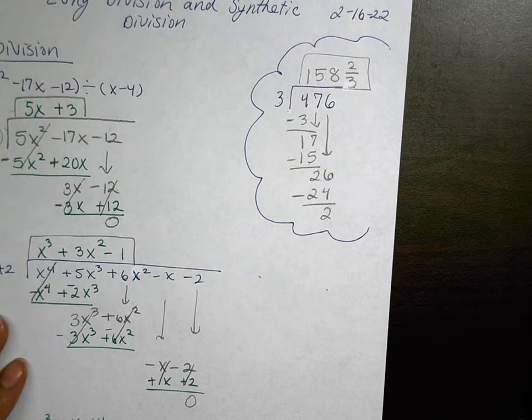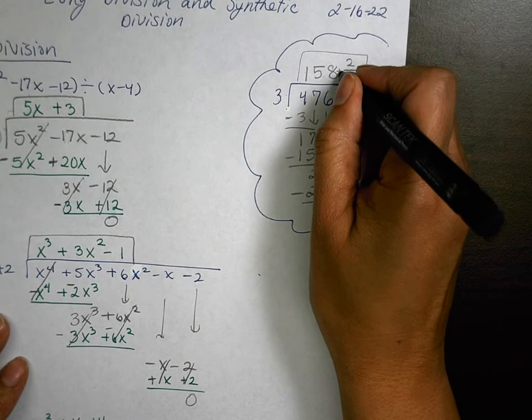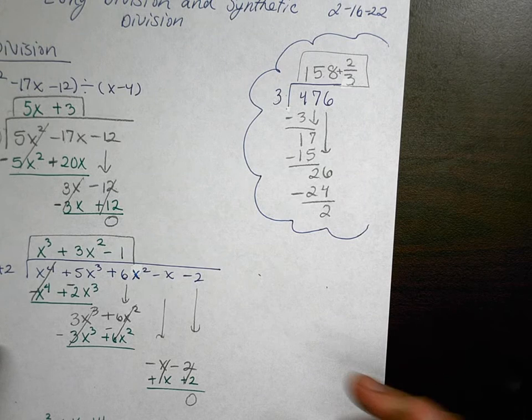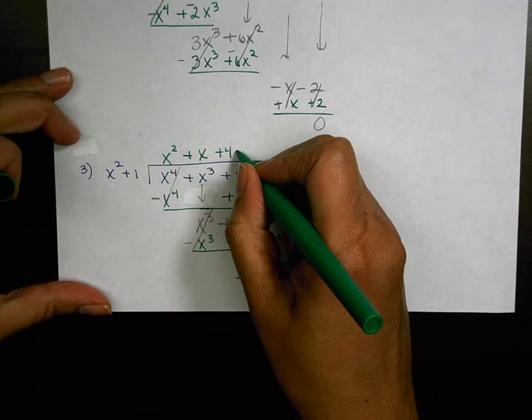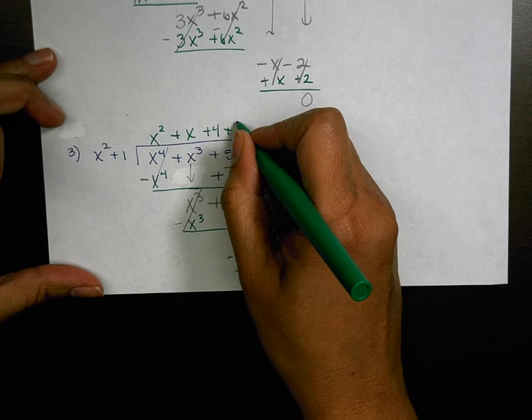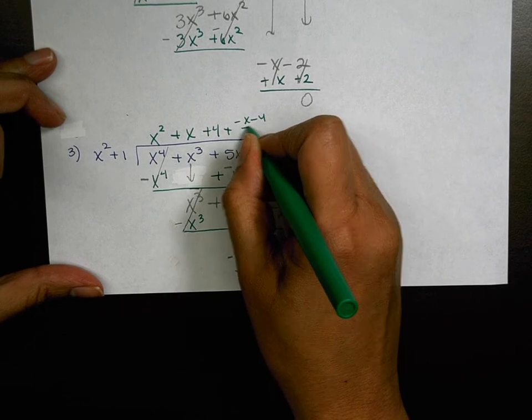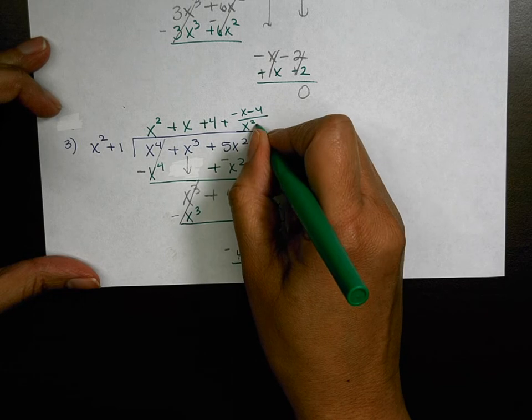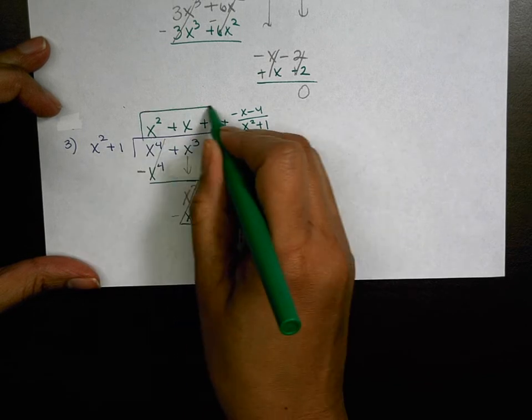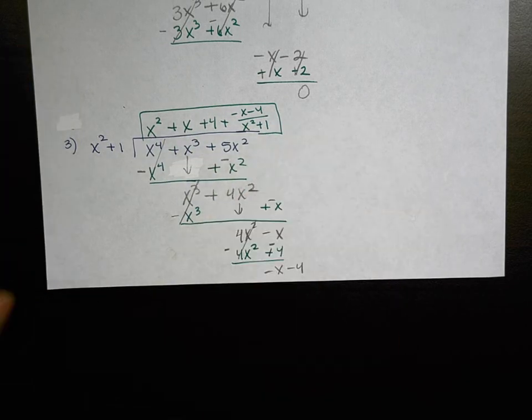Only thing is I'm going to put plus 2/3 like that. So here I'm going to put plus negative x minus 4 over what I divided by, x squared plus 1. That there is my answer.